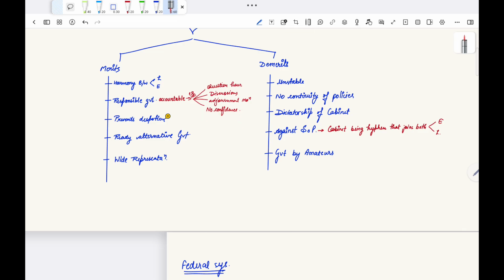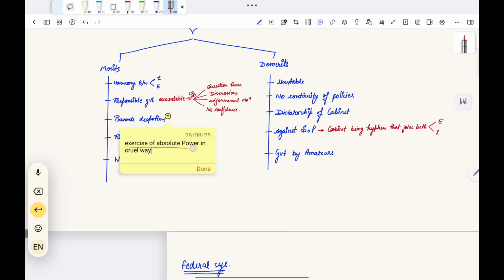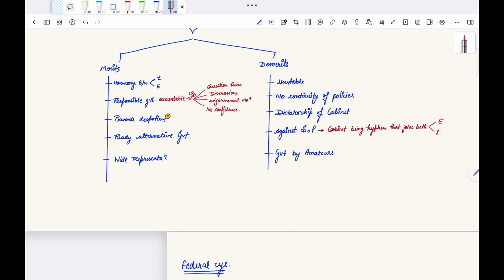Next, we have prevention of despotism. What is despotism? That means the exercise of absolute power in a cruel way. So the parliamentary system mainly helps in preventing despotism.